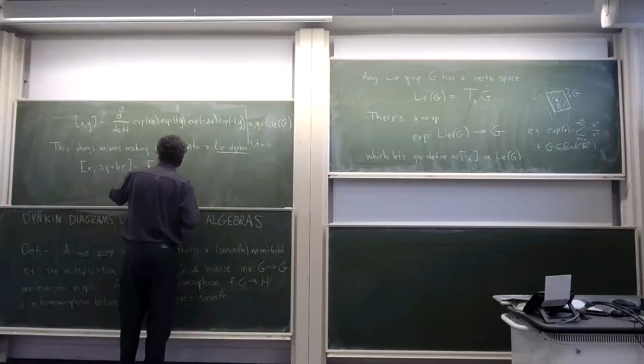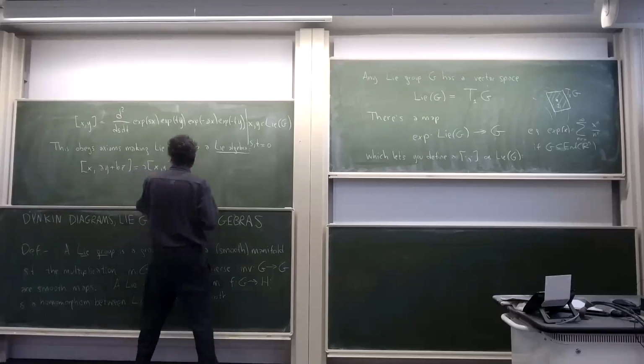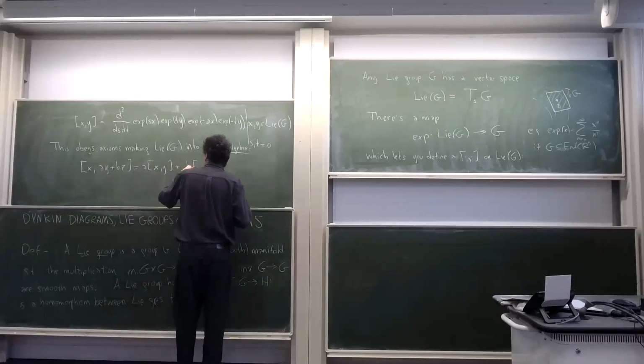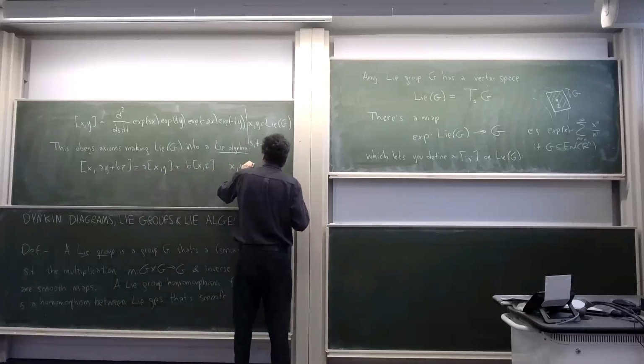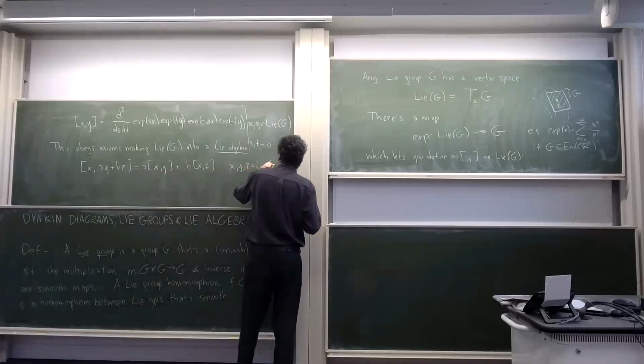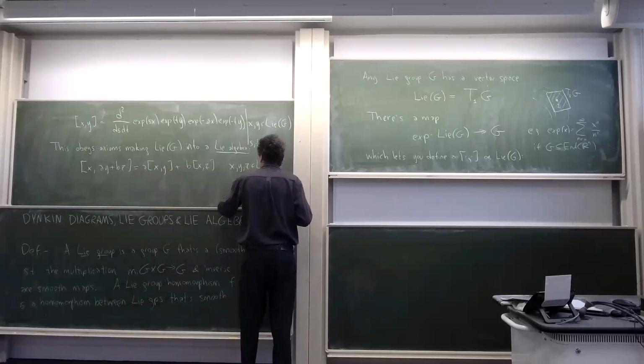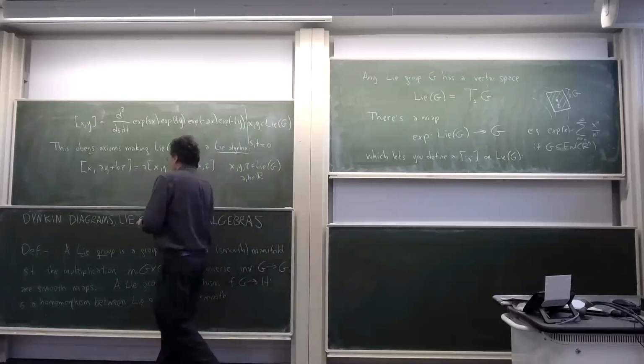The Lie bracket is linear in each variable. Here I'm writing linearity in the second variable, where X, Y, and Z are in the Lie algebra, and A and B are real numbers.